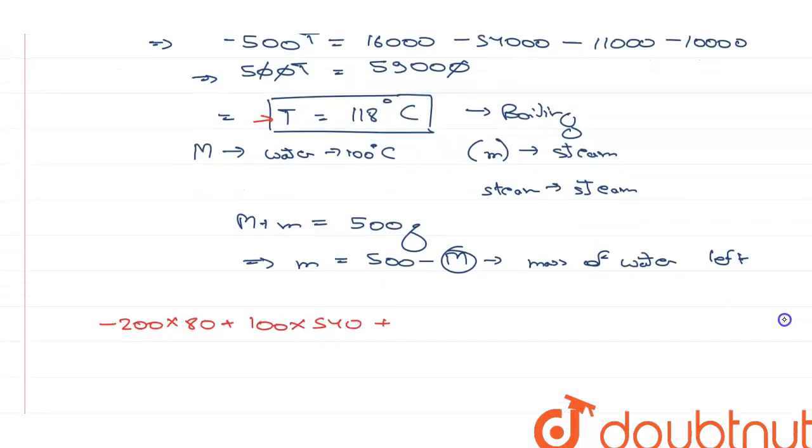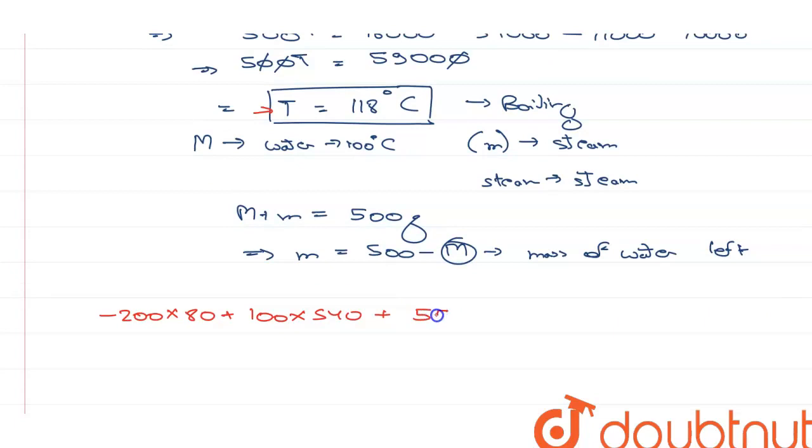55 minus capital T. For capital T I will use 100 degrees Celsius because that is the maximum temperature water will achieve before converting into steam.